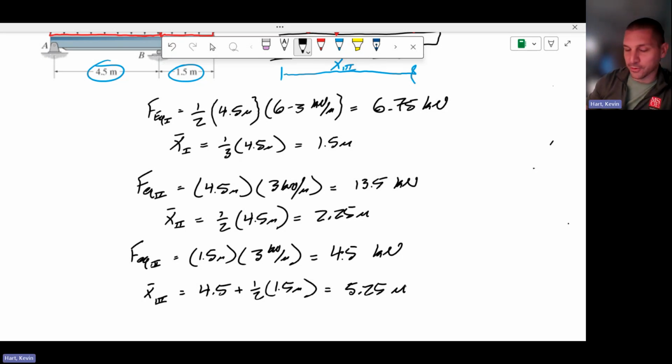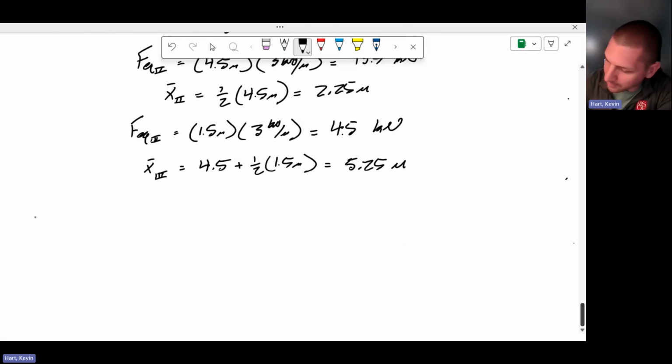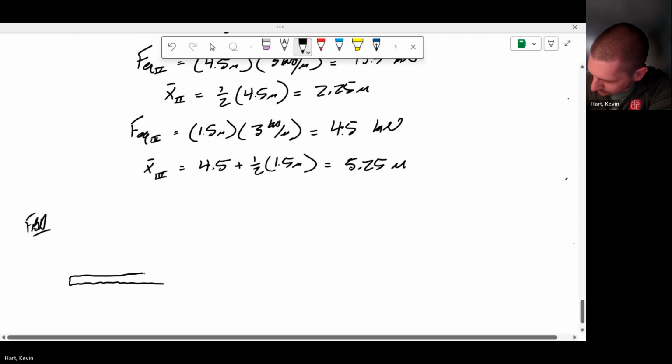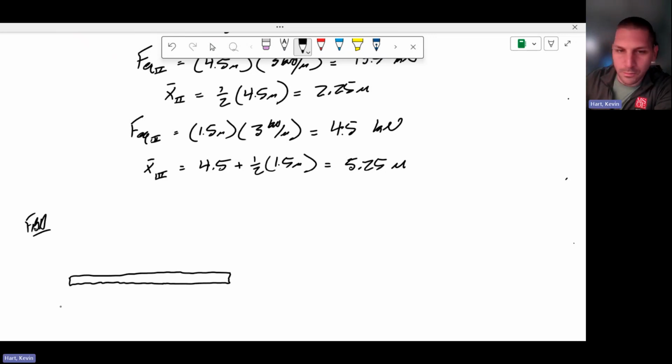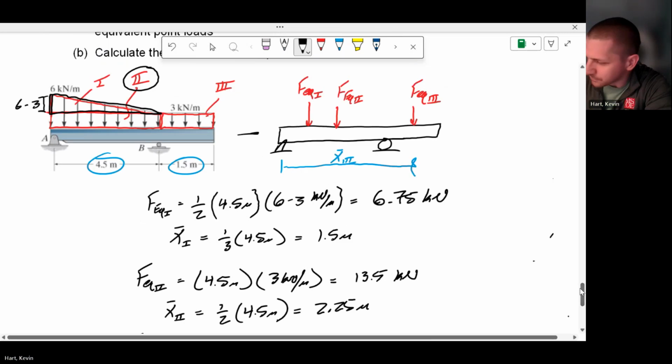So this is the full setup for replacing your distributed loads with individual point loads. And let's go ahead and sketch the free body diagram now. Point A, we had a pin. That's the far left-hand side over here. It's this pin.